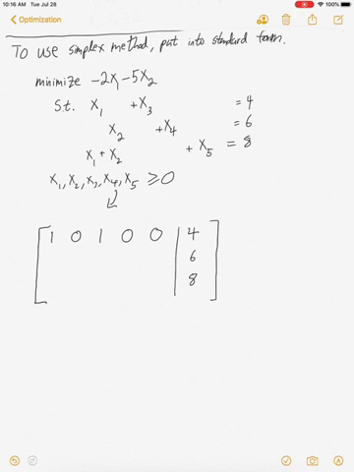Then our second equality, we had 0x1, 1x2, no x3s, 1x4, no x5s. And then we had 1x1, 1x2, no x3s, no x4s, and 1x5.